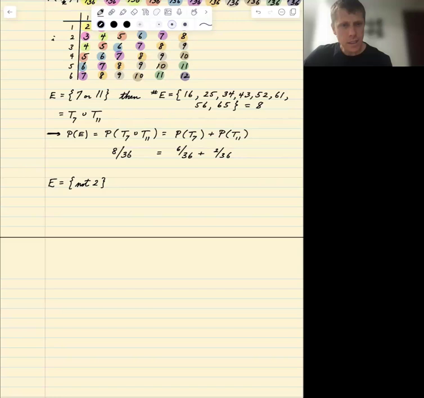Okay. Well, not a 2 is T2 complement. And T2 complement is to say, well, if a 2 didn't happen, then a 3, 4, 5, 6, 7, 8, 9, 10, 11, or 12 must have happened. So that's T3 union T4 union, etc., up to T12.